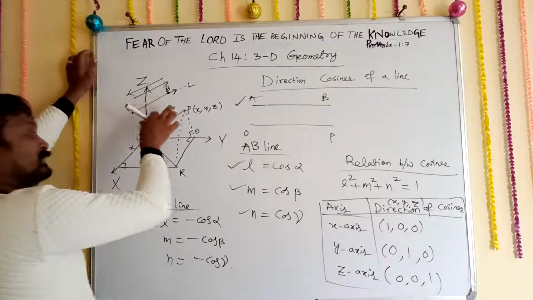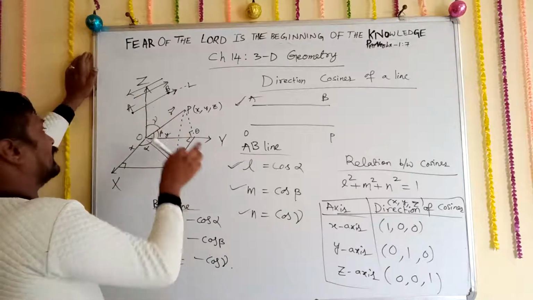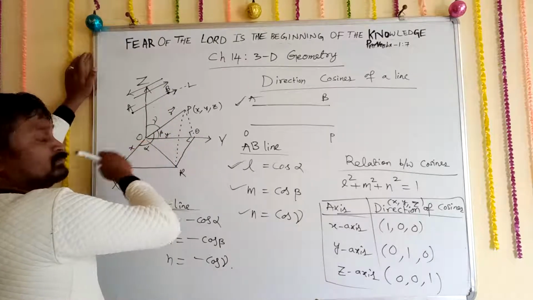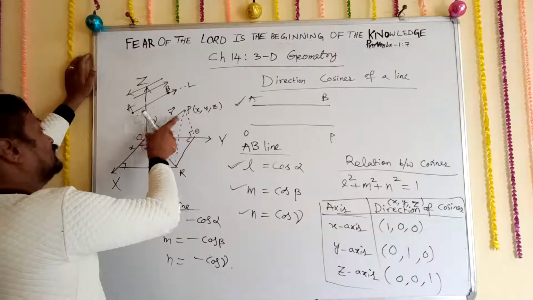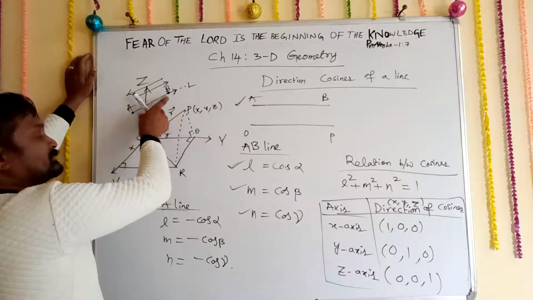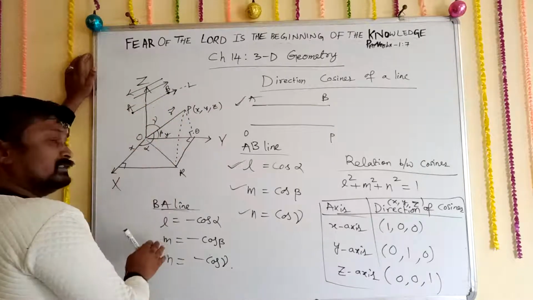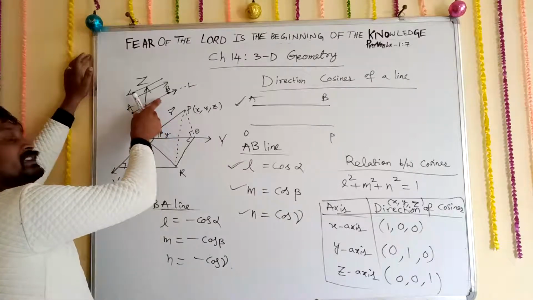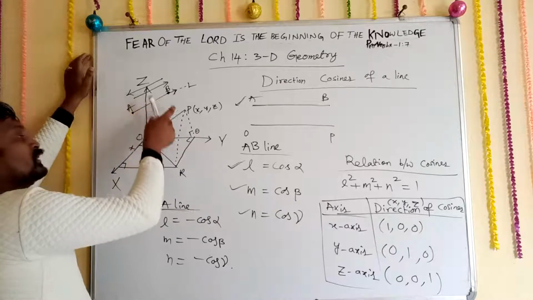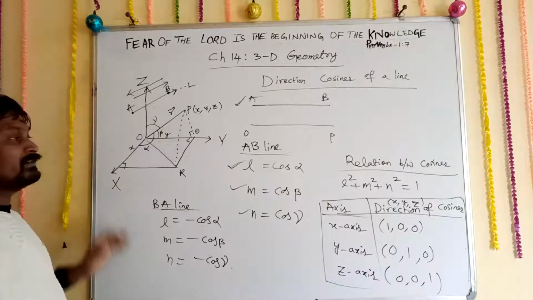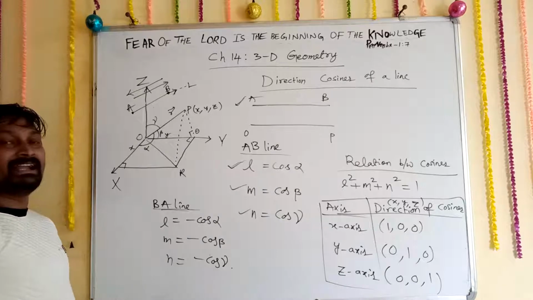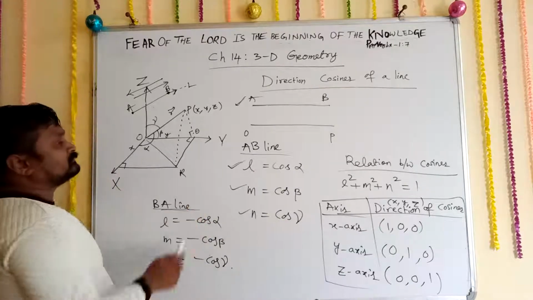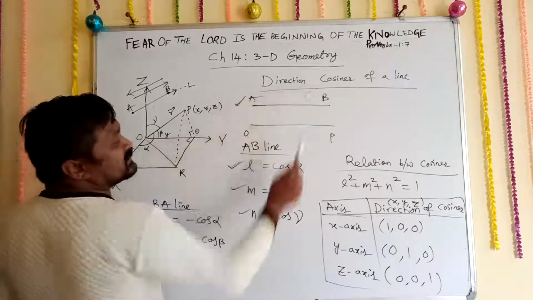For that purpose, we need to draw a line parallel to AB from the origin to the point P. So when you draw the line OP, which is parallel to AB, whichever angles are there for OP, those angles can be written for AB, because OP is parallel to AB. Whenever two lines are parallel, their corresponding angles are equal. So now we want to discuss direction cosines.